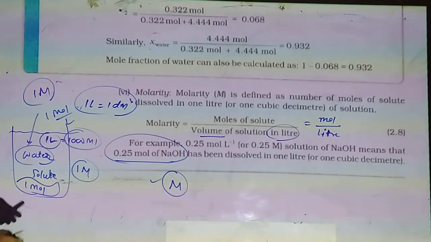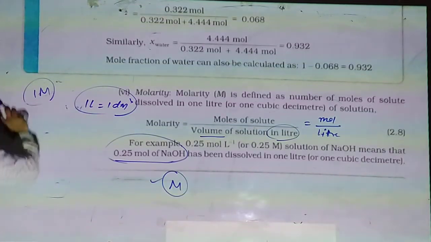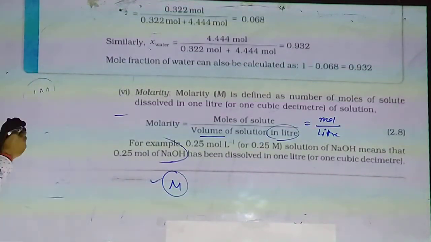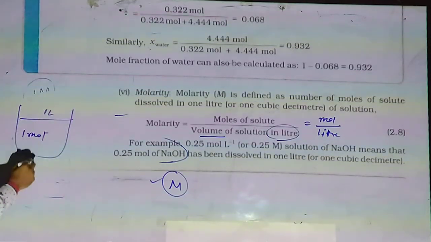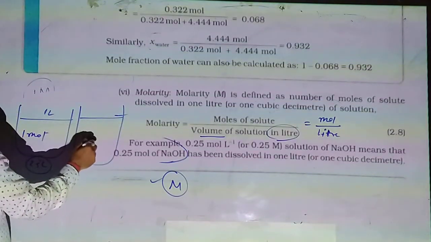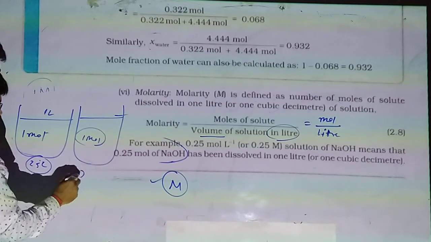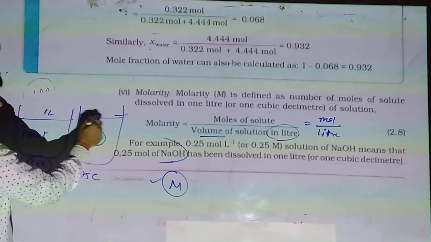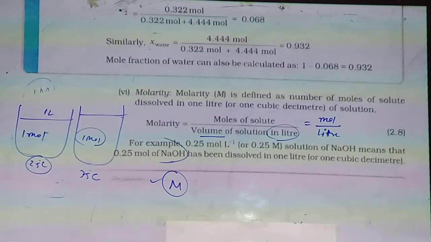How can we see this? Suppose in a beaker 1 mole is dissolved in 1 liter at 25 degrees Celsius. We increase the temperature. The mole remains constant, but the volume slightly increases.